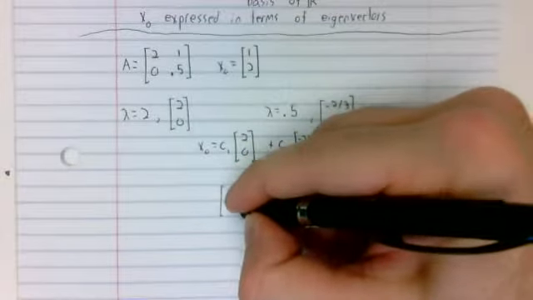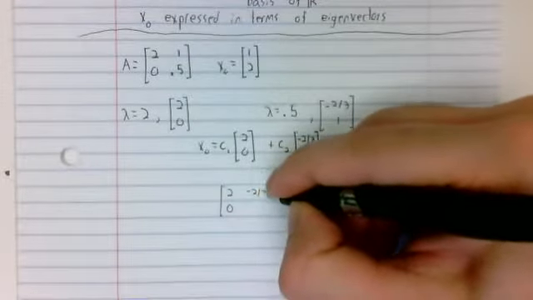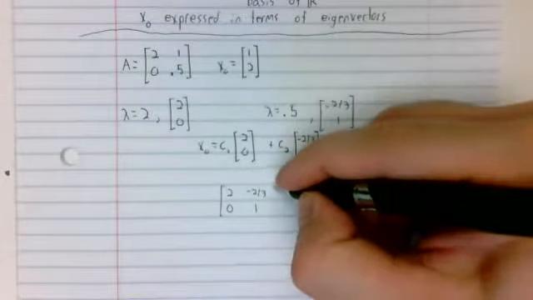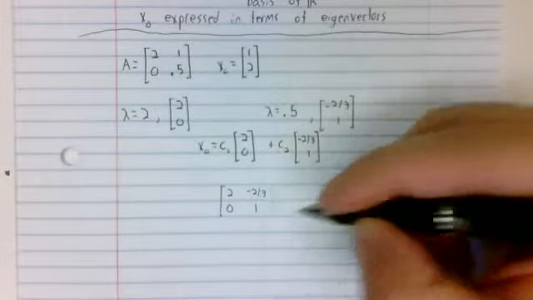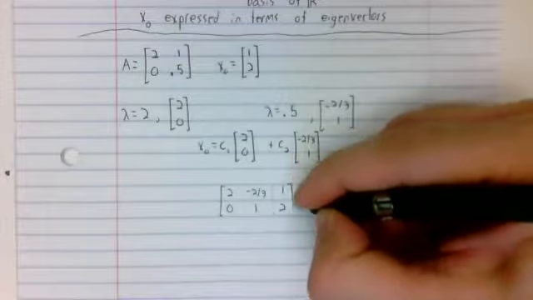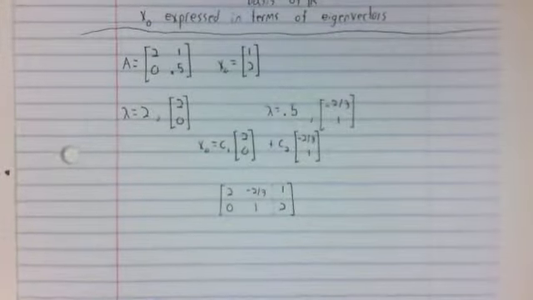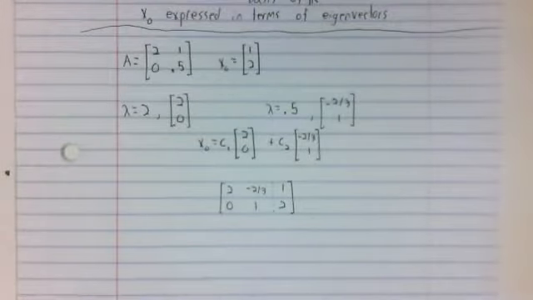And again, it's my hope that at this point in the class, expressing one vector in terms of another is pretty straightforward. You do it with Gauss-Jordan elimination on an augmented matrix.